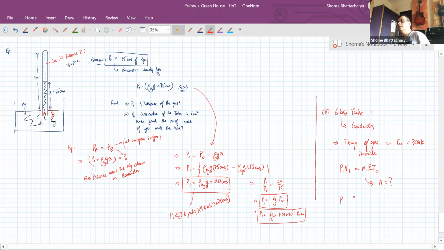Okay, so P1 is that much. V1 is going to be L minus x into area of cross section, so that is 45 centimeters into 5 centimeters square.